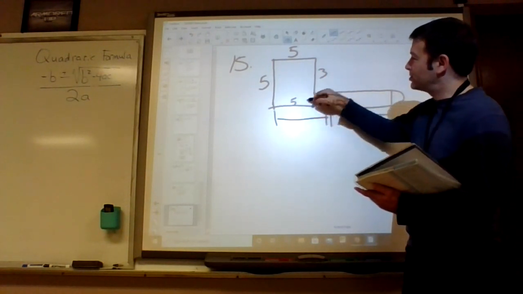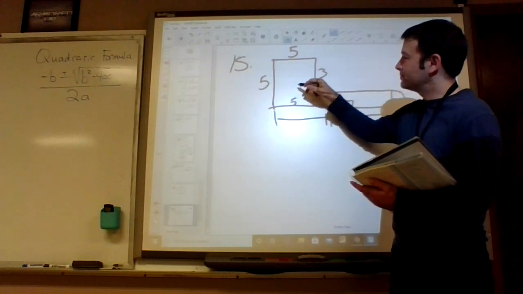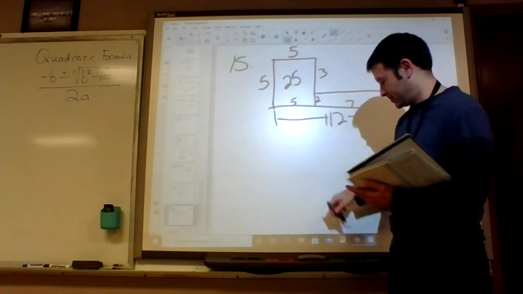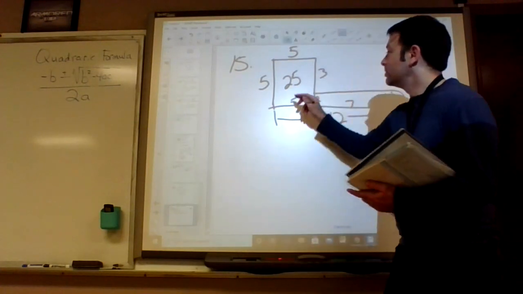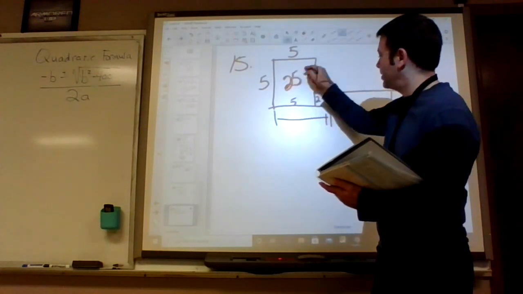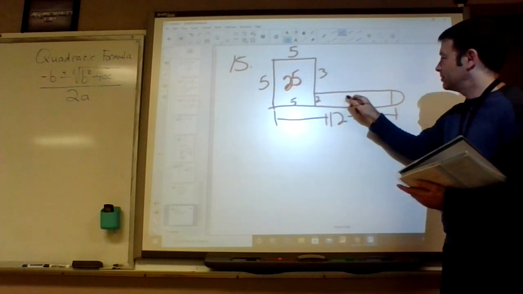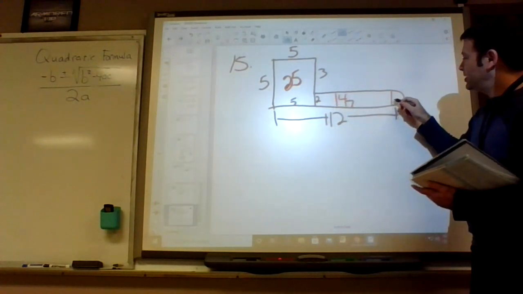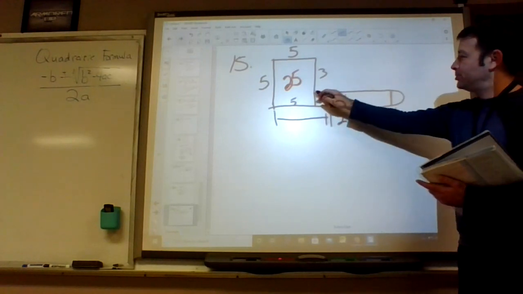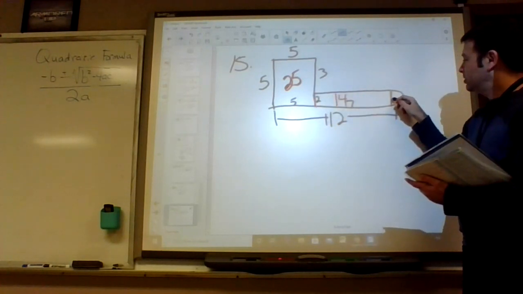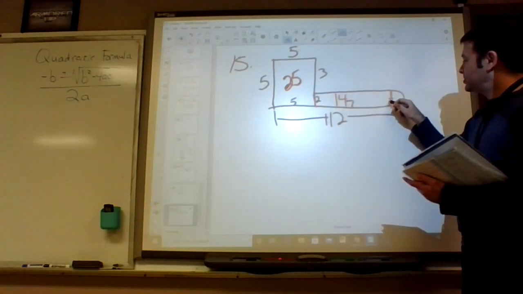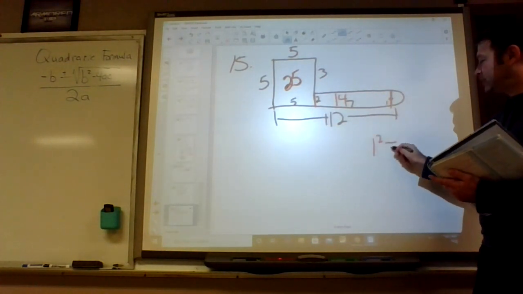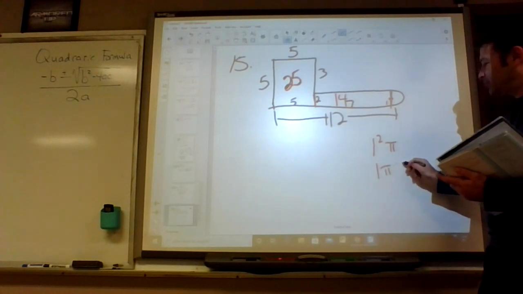Okay, so what's the area of this square right here? It's 5 squared, 25. 25 for this square. How big is this rectangle? 2 times 7, 14. It's too tall right there, right? So that means the radius is 1. So just 1 squared times pi, which is just pi.